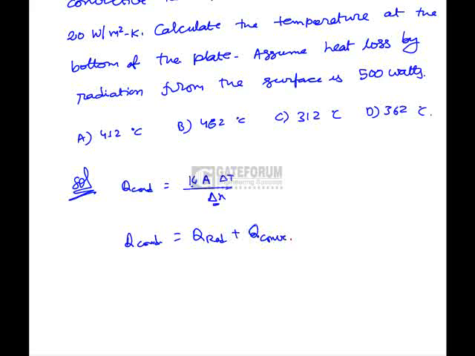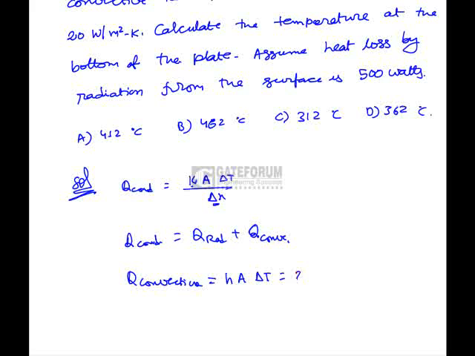Here the radiative heat transfer is directly given as 500 watts, and we will have to find out the convective heat transfer. That is equal to h A delta T, where h is the heat transfer coefficient, A is the surface area of the plate, and delta T is the temperature difference between the plate and surroundings.